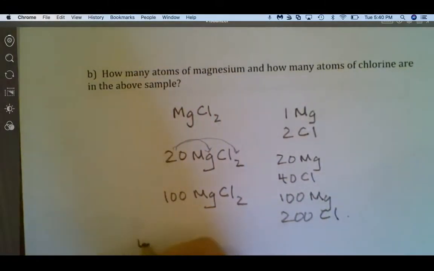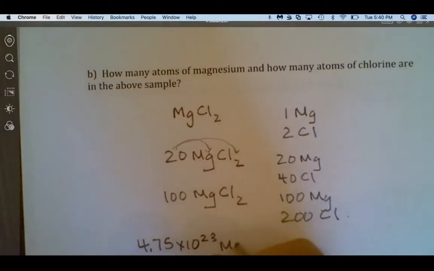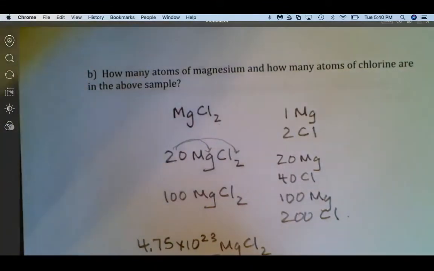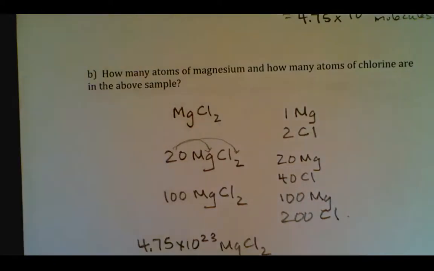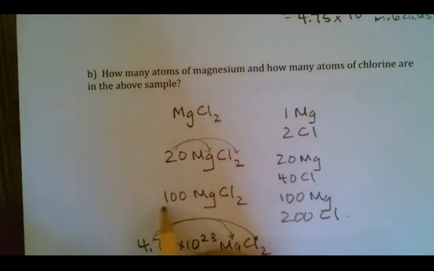What if I was to put 4.75 times 10 to the 23? So 4.75 trillion billion molecules of magnesium chloride. How many magnesium atoms would you have? So in this case, you would do exactly what you did before when you were working with numbers that didn't have any exponents.